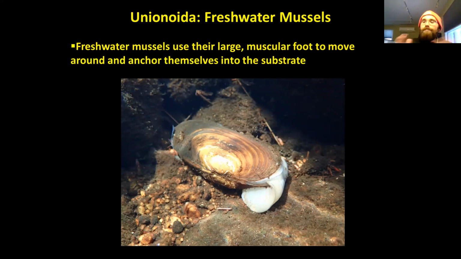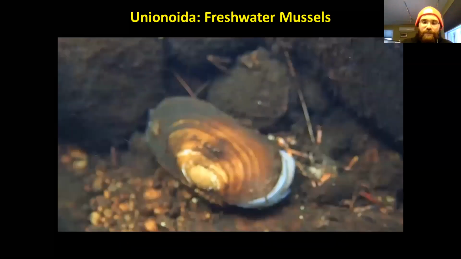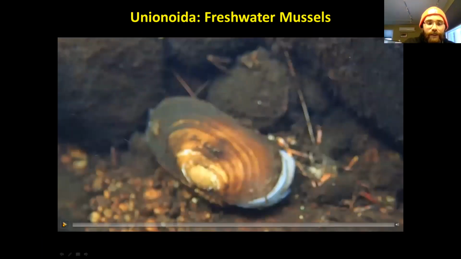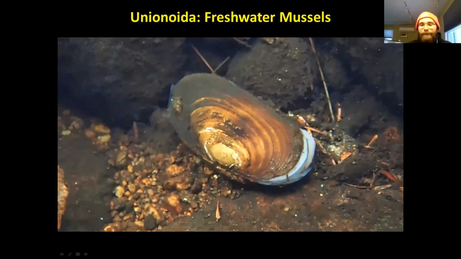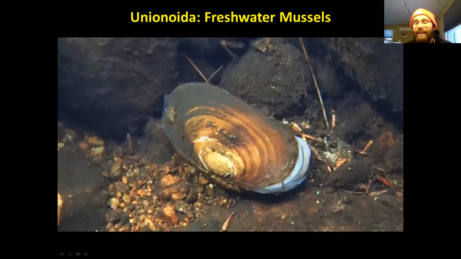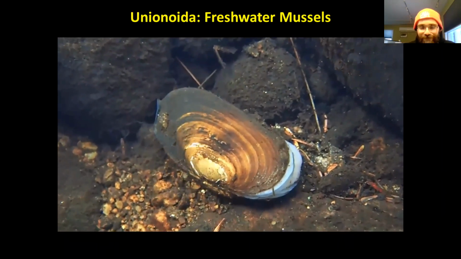It'll be covered with mucus to help protect it from rocks and other sharp objects. And then they'll stick their feeding apparatus up so they can feed easily. Here's a video of a mussel extending its foot, and you'll get an idea of just how slow these things are when it comes to moving.